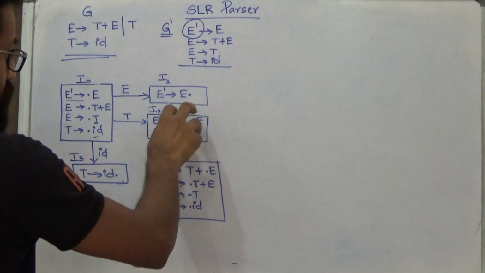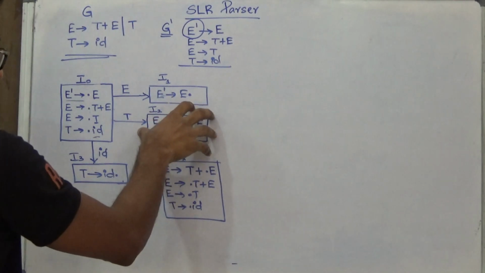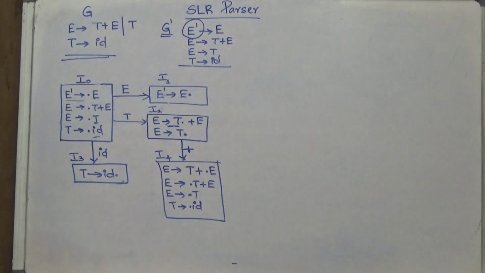Now you cannot add any more productions or transitions to this particular item set, to that particular state.